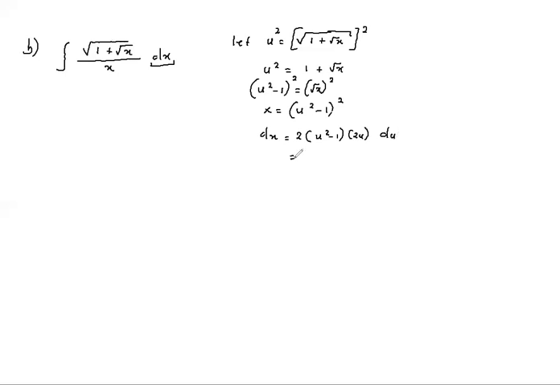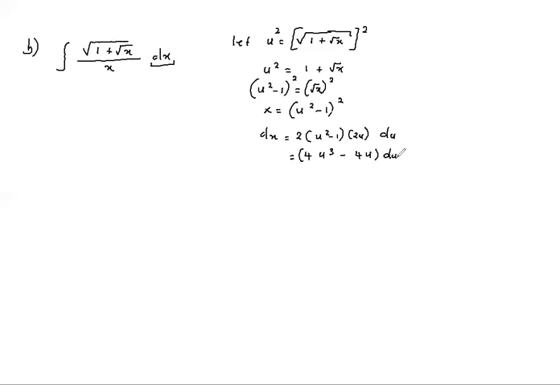So if we simplify it, it will be 4u cubed minus 4u du. So that is the dx.